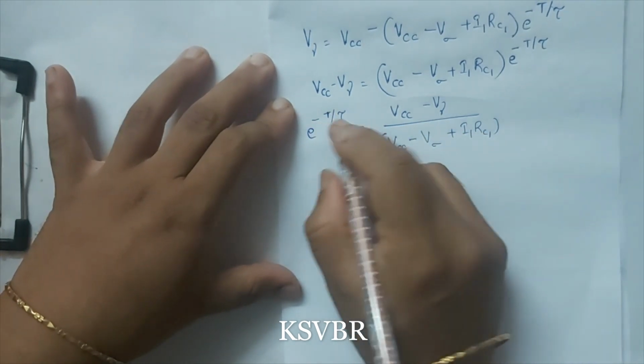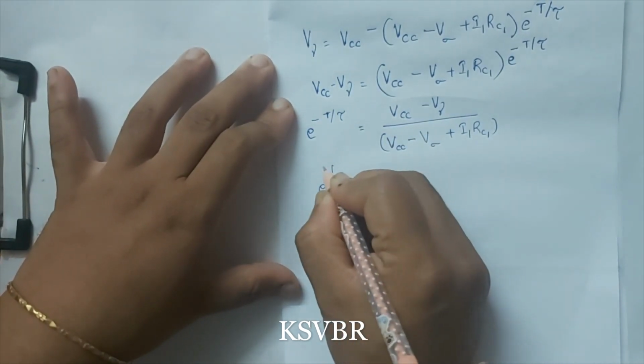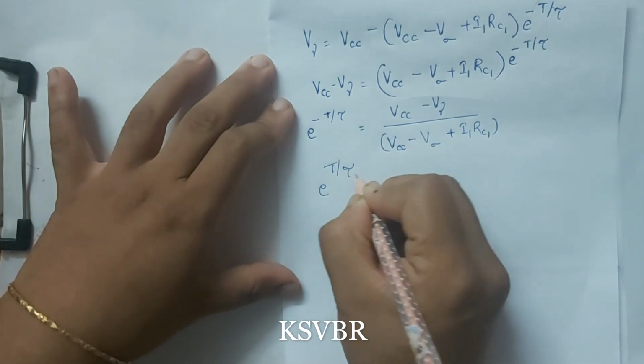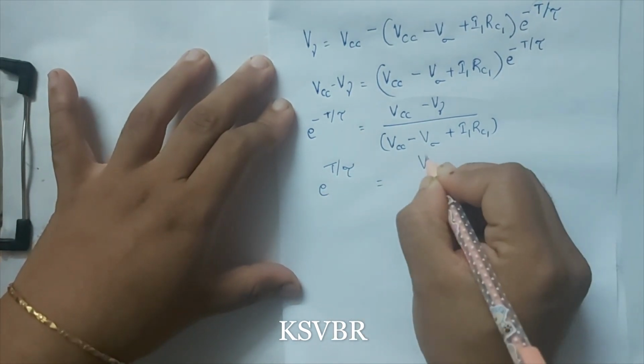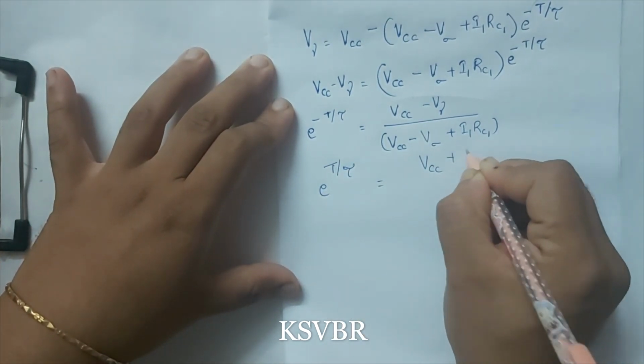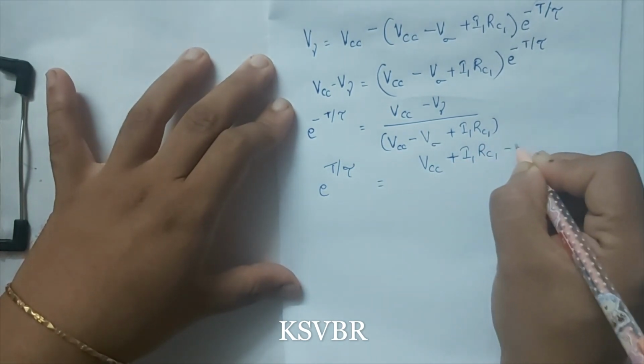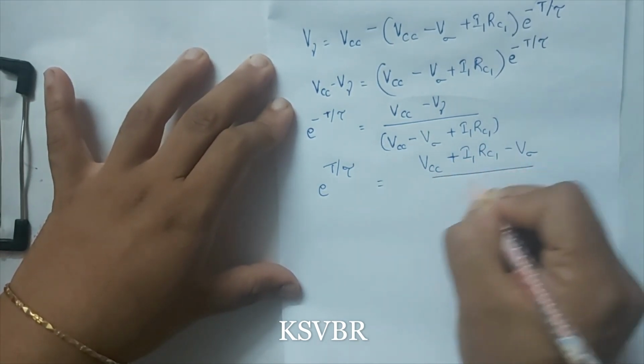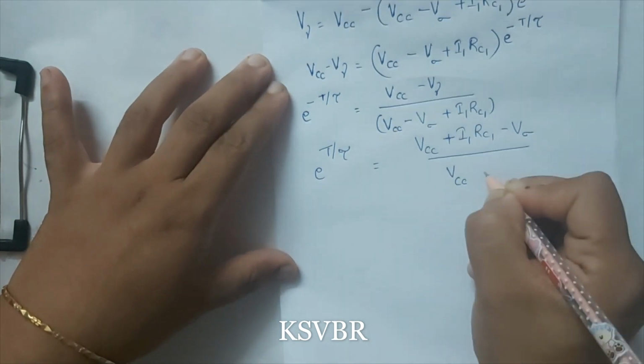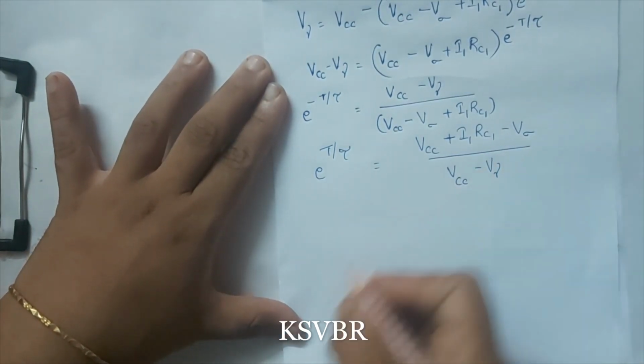Okay, we need this t. So first find out this one. E power t by tau is equal to VCC plus I1 RC1 minus V sigma by VCC minus V gamma.